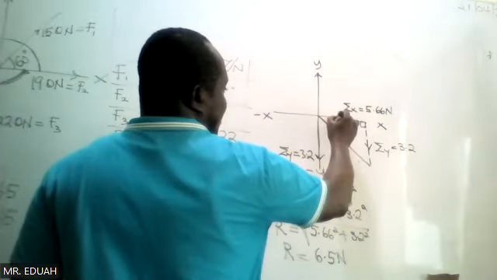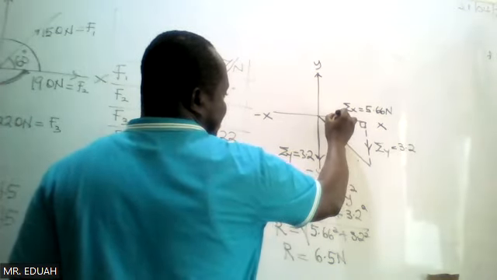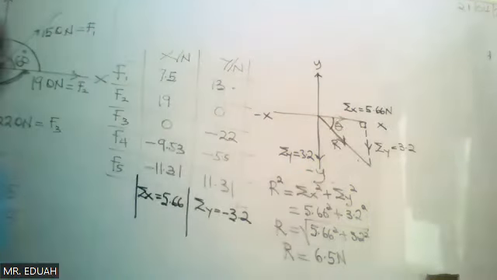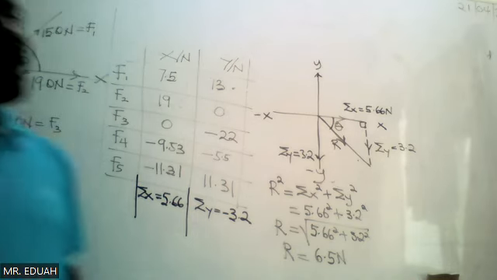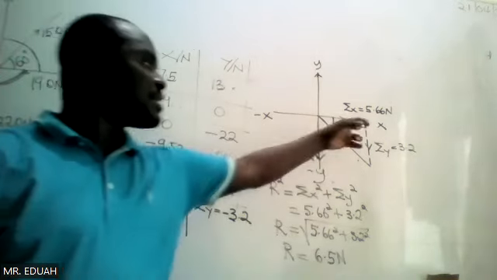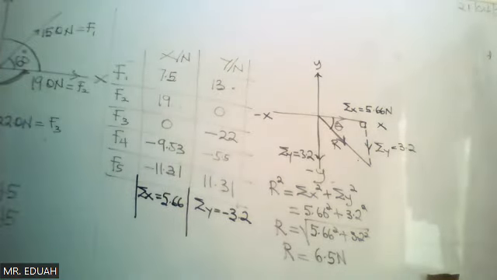First, I have to determine this angle the resultant makes, because I realize it will be within this quadrant.